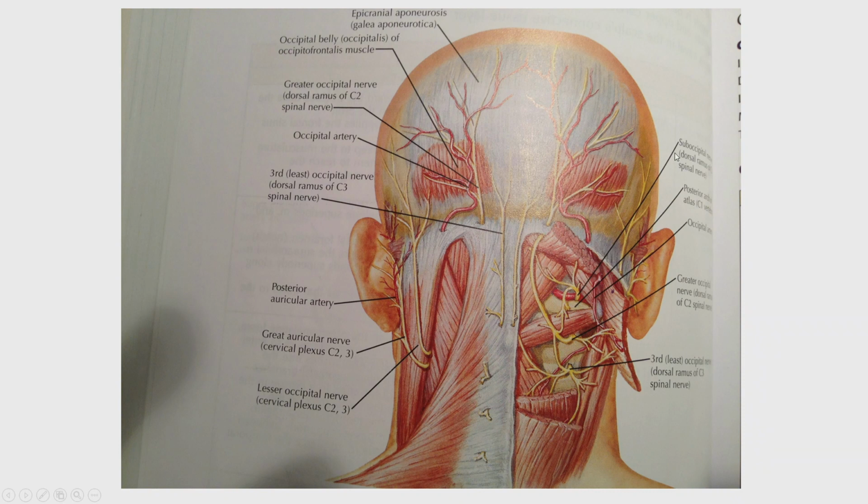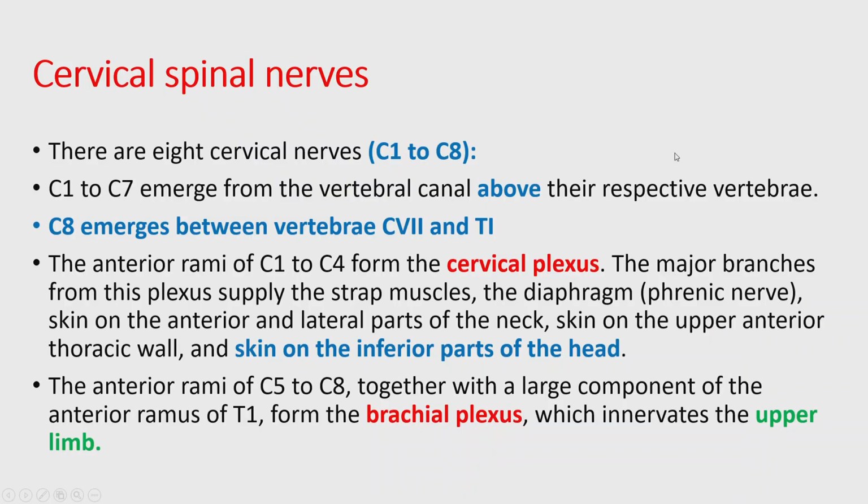So, the suboccipital nerve. And this is again a point for the cervical spinal nerves. There are 8 cervical nerves, C1 to C8. This information is very important skeletotopically. How the nerve comes out is for the second semester.